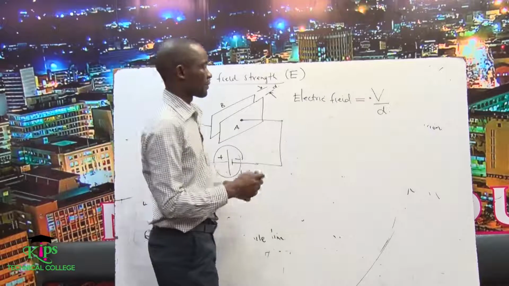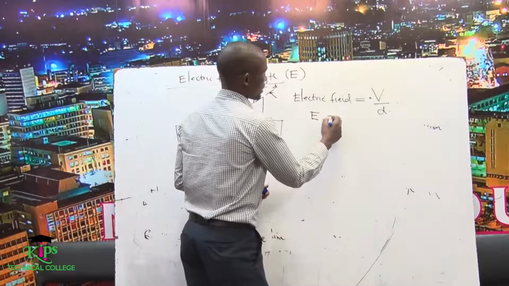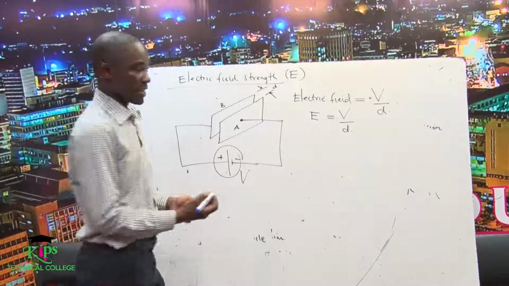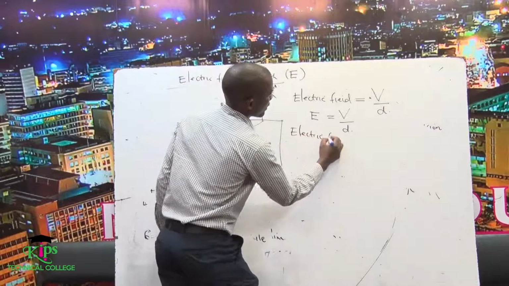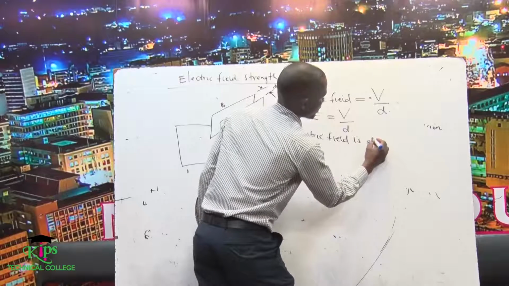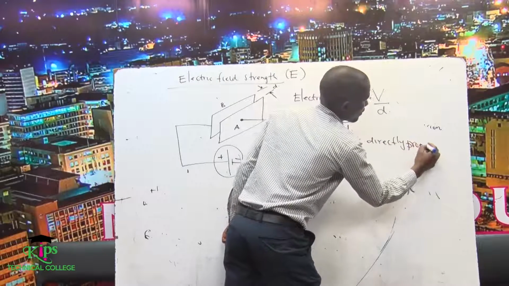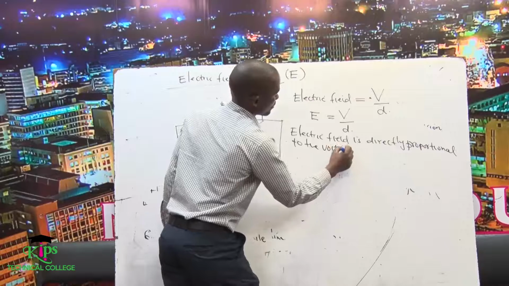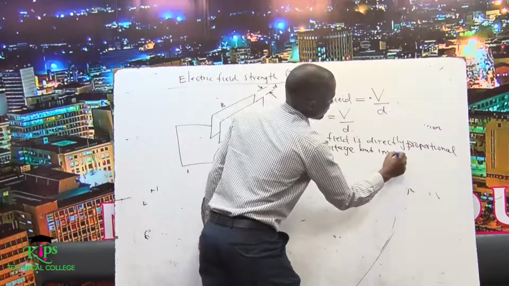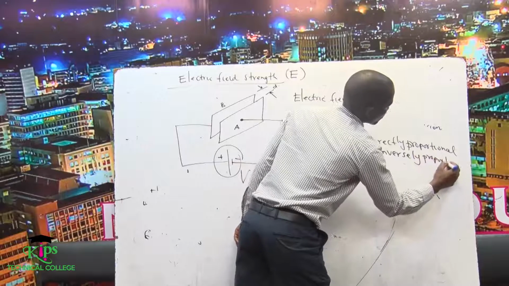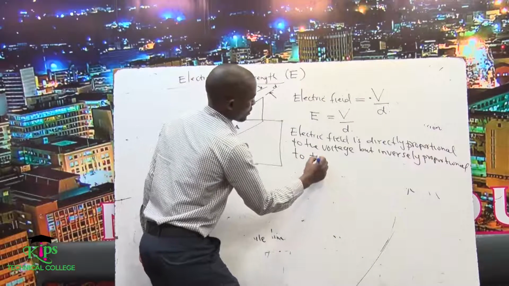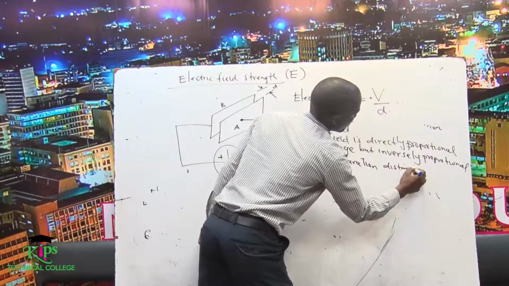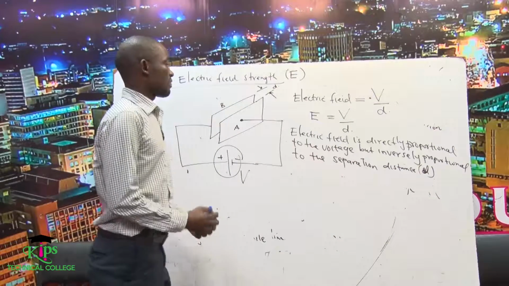That is why we have this formula: the electric field is directly proportional to the voltage, but inversely proportional to D. In other words, electric field is directly proportional to the voltage, but inversely proportional to the separation distance D. So this formula is very critical.